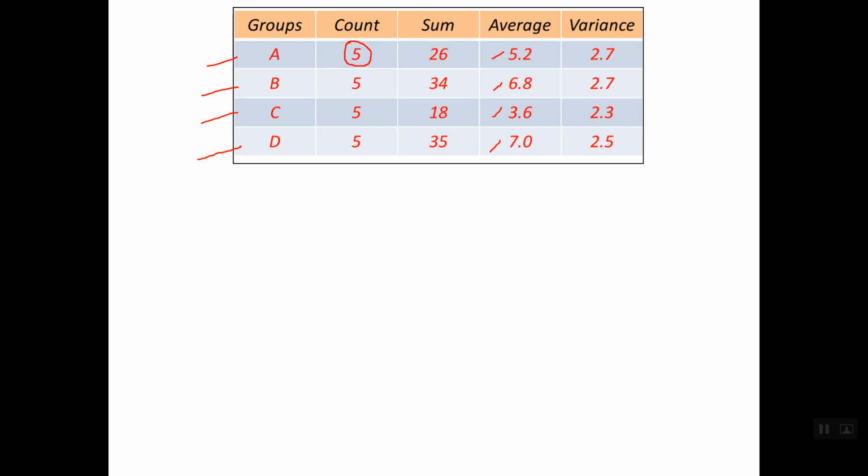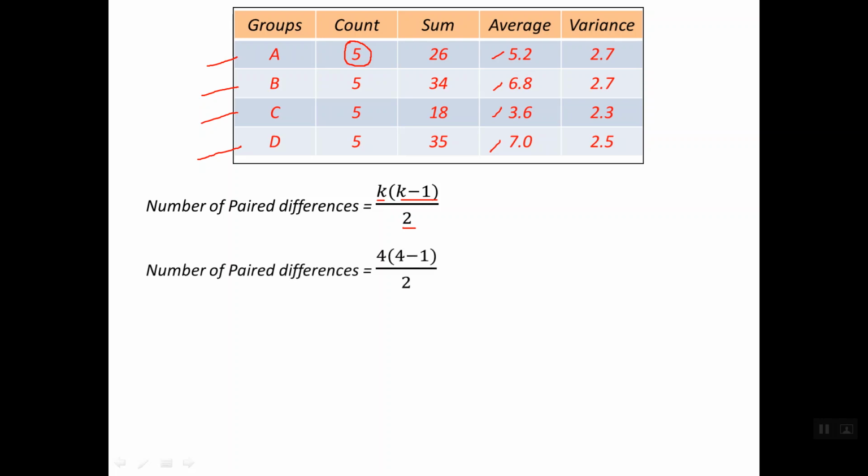So we need to check for the significance or non-significance between each pair of these four means. But before starting the calculation, let's count the number of paired differences or the combinations which come from the four groups. The formula for the number of paired differences is equal to K times K minus 1 divided by 2. K represents here the number of groups.